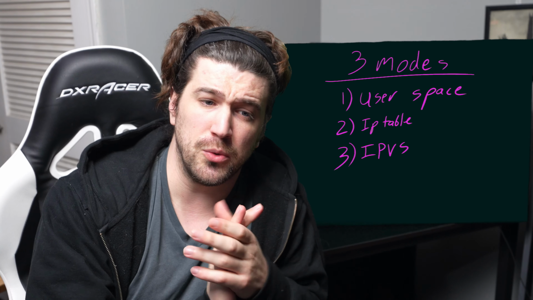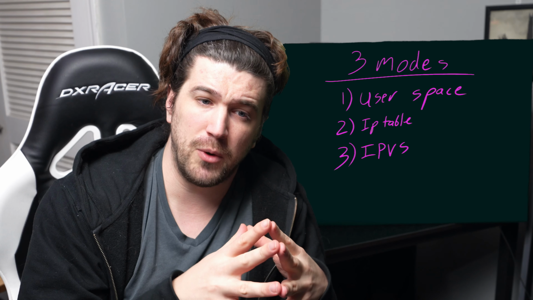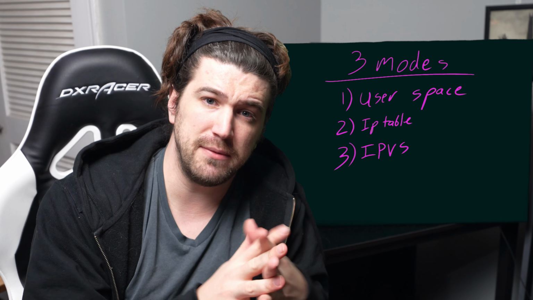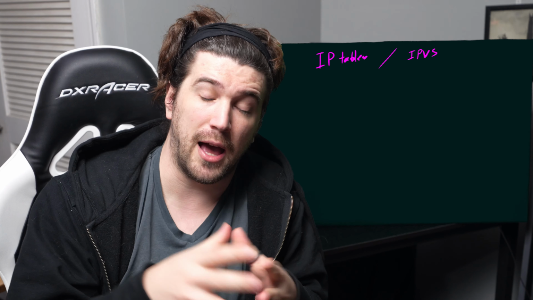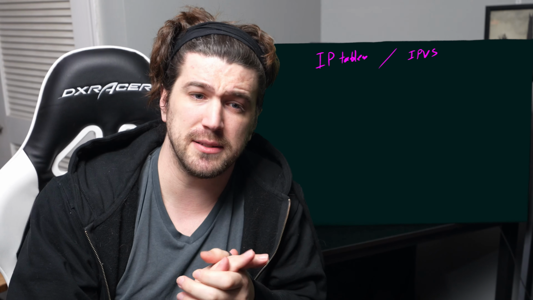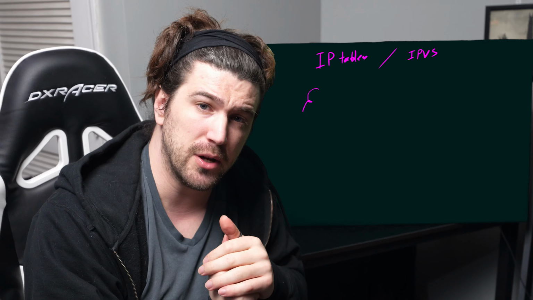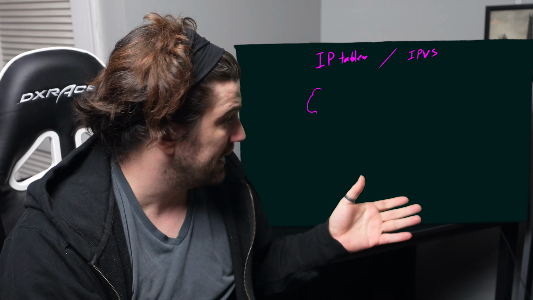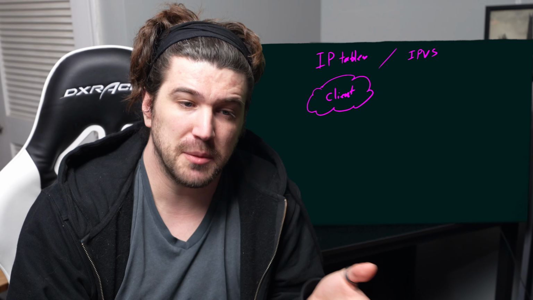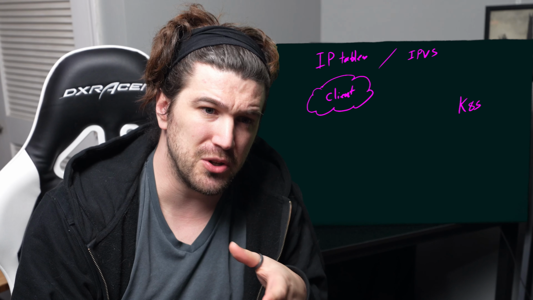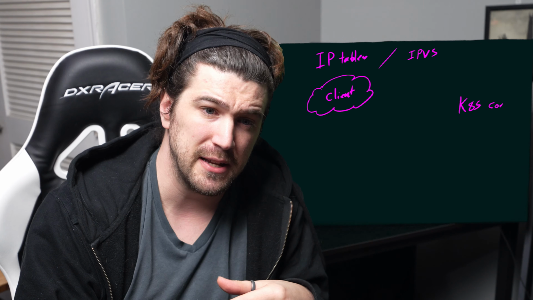The other 2 are when it runs in IP tables and IPVS mode. In these cases, kube-proxy doesn't actually proxy the requests. It just updates the IP tables or IPVS on every single one of your nodes. And in this case, each of your nodes becomes a proxy, because each one of your nodes knows about all of the services.